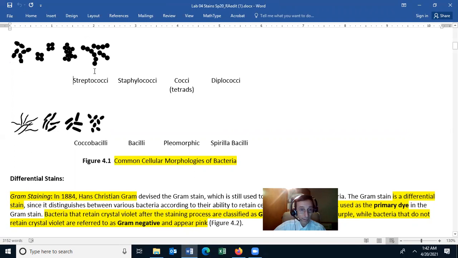Streptococci is when the cocci are in a chain, and staphylococci literally means cocci growing in a grape cluster, because it looks sort of like a cluster of grapes. All right, so those are the common cellular growth characteristics of cocci.